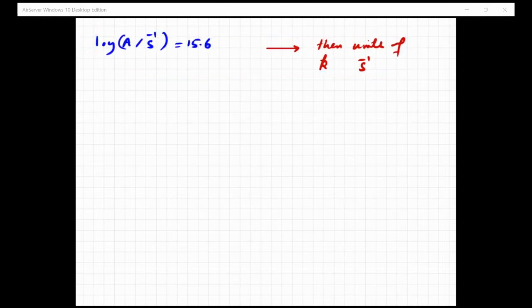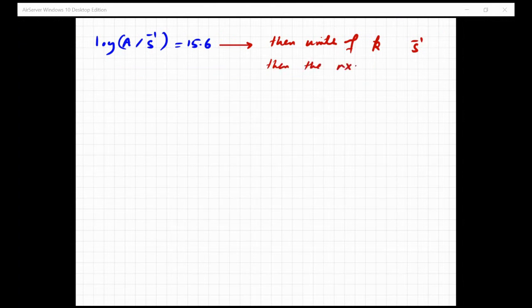We said units of K is going to be second inverse. Then the reaction is first order. Reaction is first order.